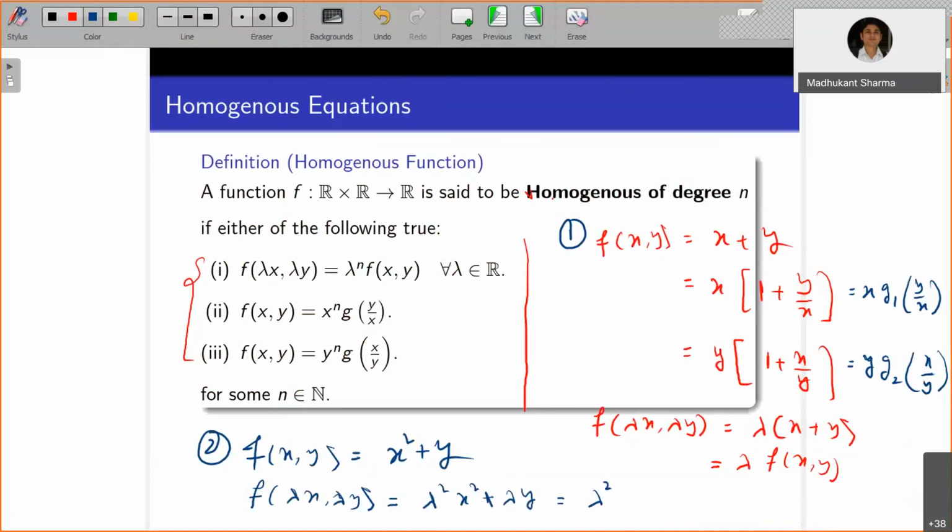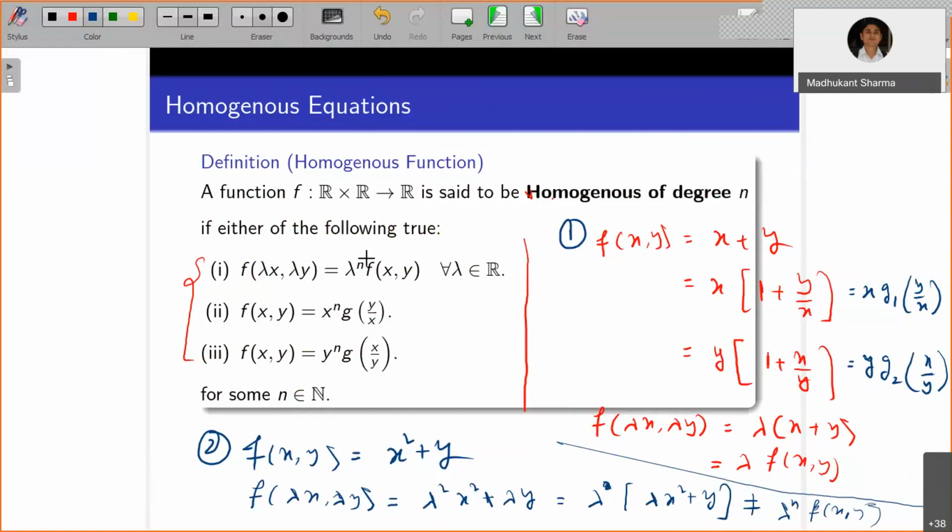If you take lambda equal to 2, for example, this is not going to be lambda to the power n times some f of x comma y. It's never going to be. So this is not homogeneous.